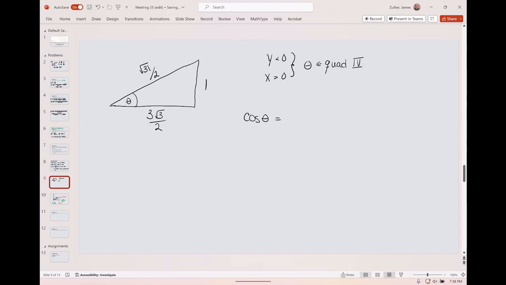Two over square root of 31. Oh no, that's sine. Three square root of 3 over square root of 31.